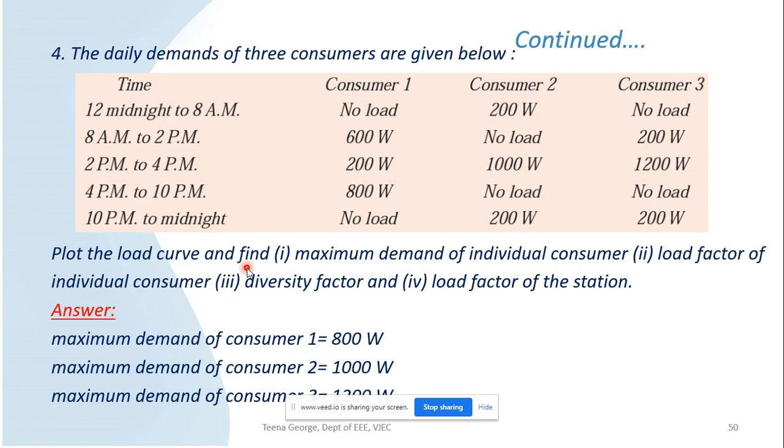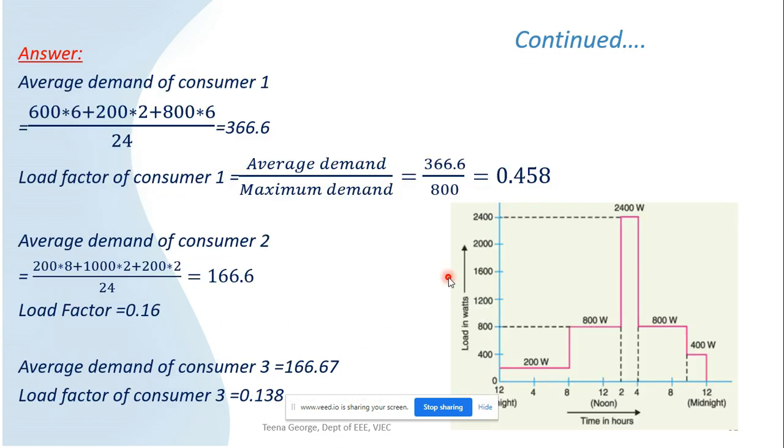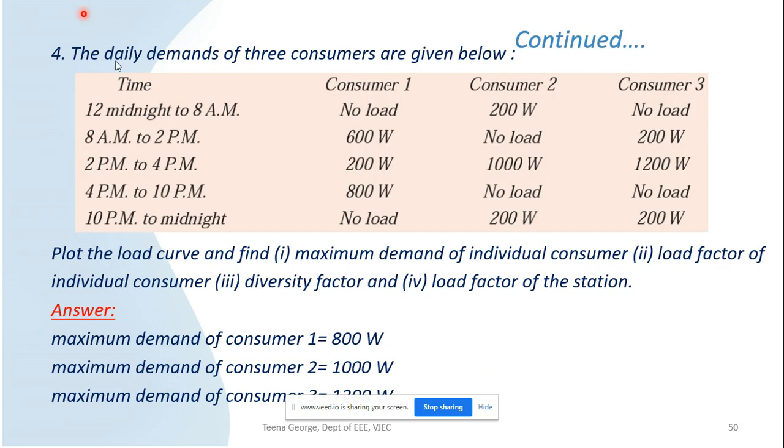Another question. The daily demand for three consumers is given at different times. Plot the load curve and find the maximum demand of individual consumers. First we are asked to plot the load curve. A load curve can be plotted for 12 to 12, or 24 hours. Here it is given from 12 midnight to 12, so we plot it like that.